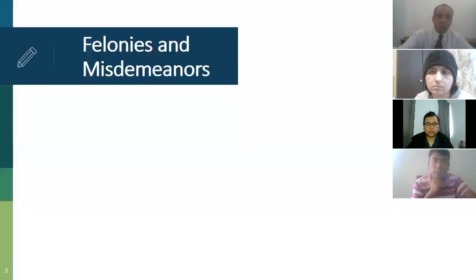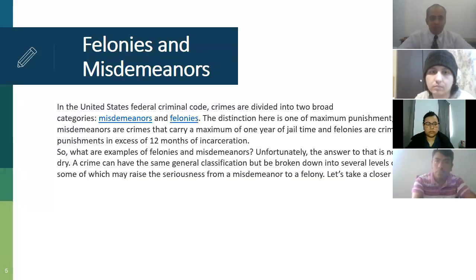So when we talk about felonies and misdemeanors, we need to understand, first of all, that sometimes it's not easy to know what is the line to divide both of them. Okay. So, Anna, can you read this paragraph, please?